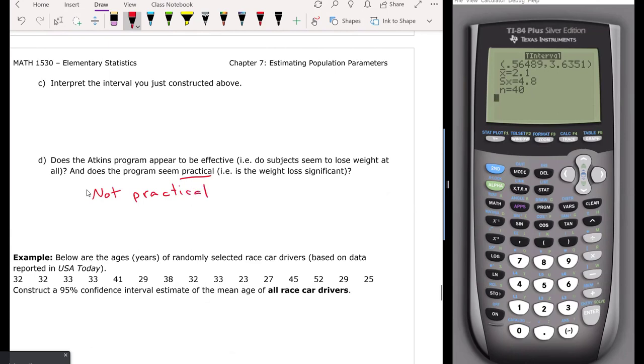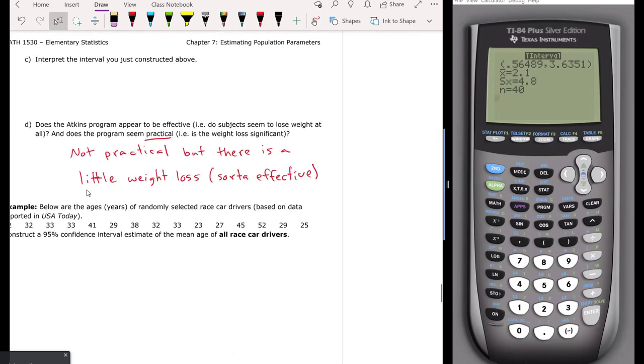Not practical, but there is a little bit of weight loss. So, sort of effective. Anyway, that's basically what you want to say, something like that. And on MyLabs Plus, usually you'll be picking different options. You pick the one that makes the most sense with the problem.